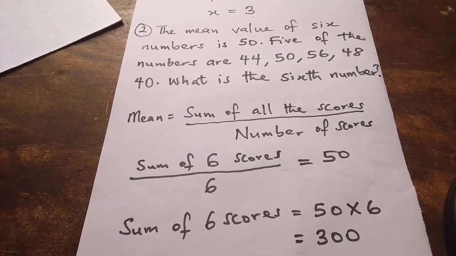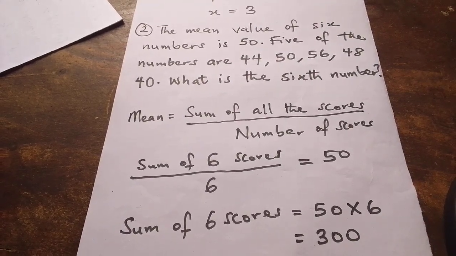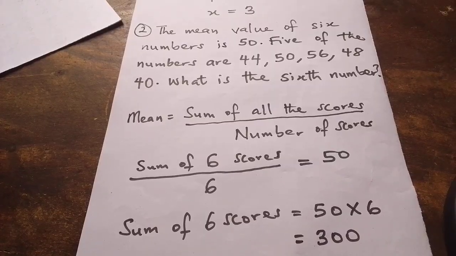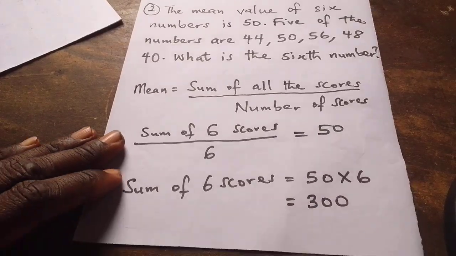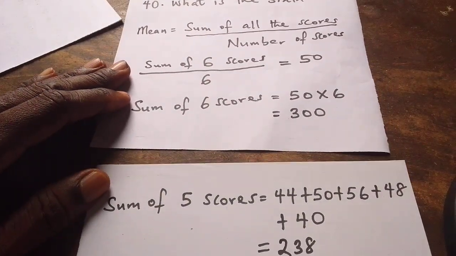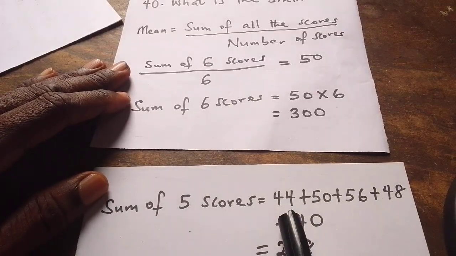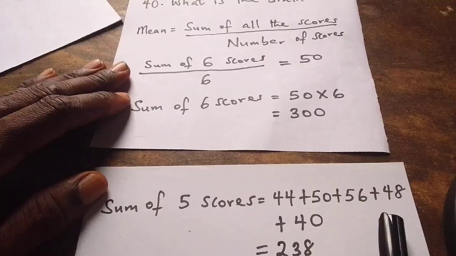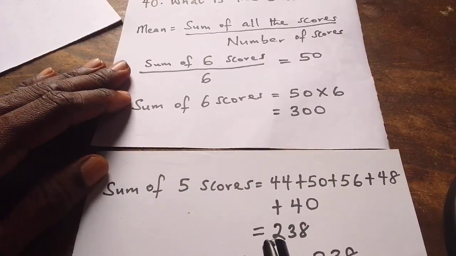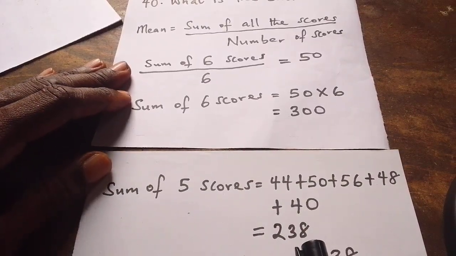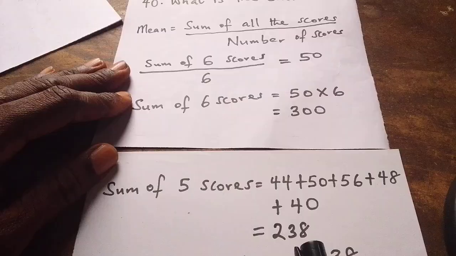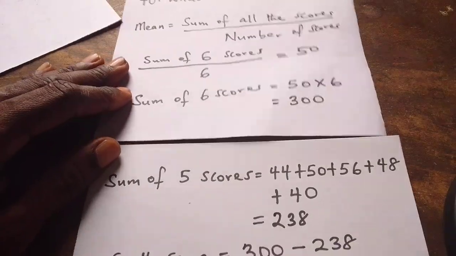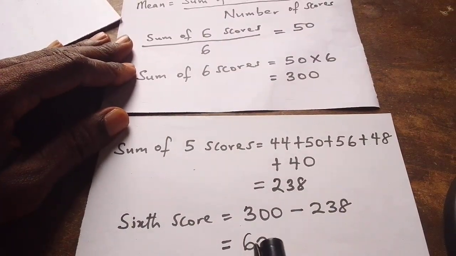So that is the sum of the 6 scores. Then the sum of 5 of the scores is given to be this. When you add 44 plus 50 plus 56 plus 48 plus 40 that will give us 238.